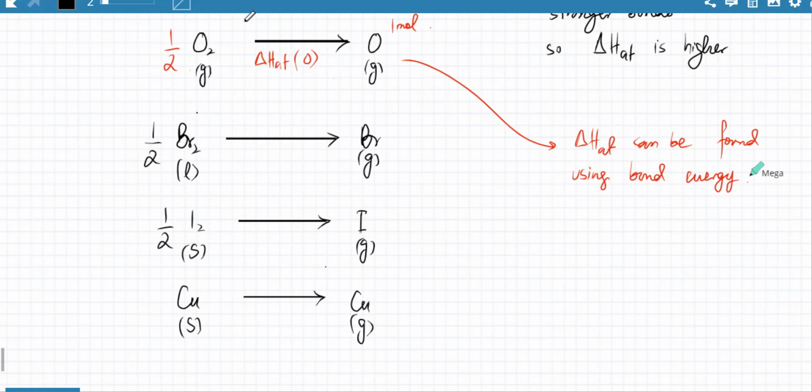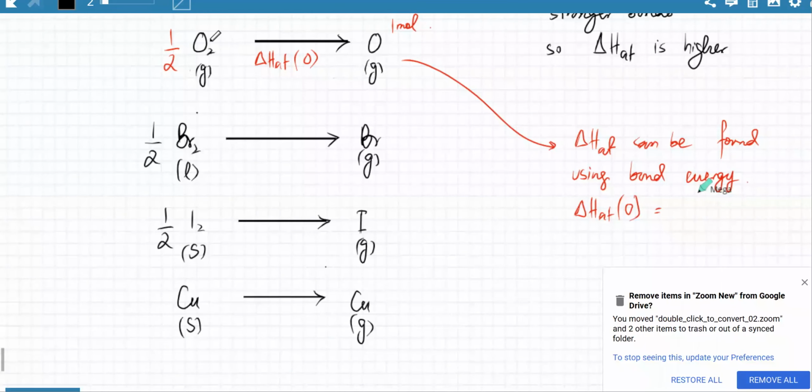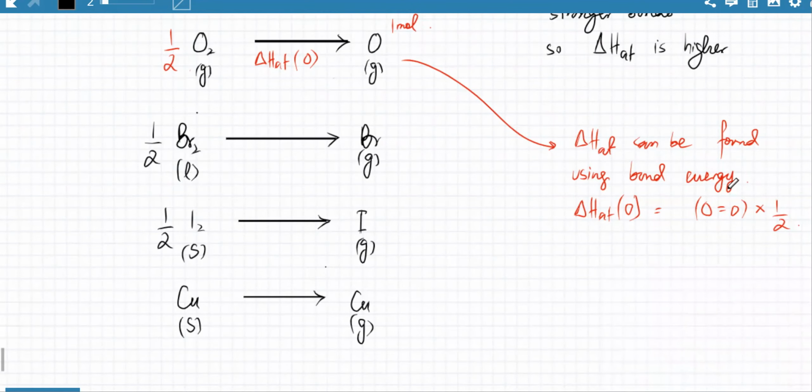For example, over here in this reaction, you're only breaking the oxygen-oxygen double bond. So the enthalpy of atomization of oxygen is going to be equal to half the bond energy of the oxygen-oxygen double bond, because you're just breaking half a molecule.